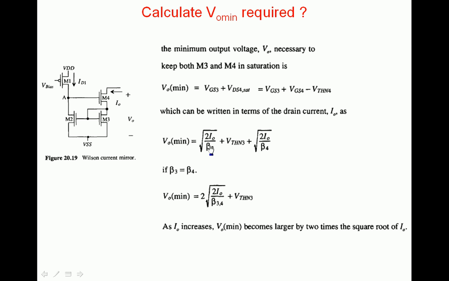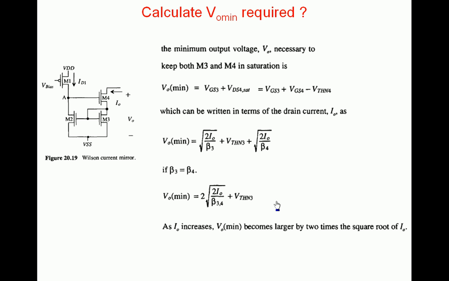This root of 2I by beta is nothing but delta V, the overdrive voltage or effective gate voltage. If identical transistors are assumed, V0 minimum is 2 times delta V plus VT, so 2 times the overdrive voltage plus the threshold voltage. The V0 minimum is the same as the cascode current mirror.